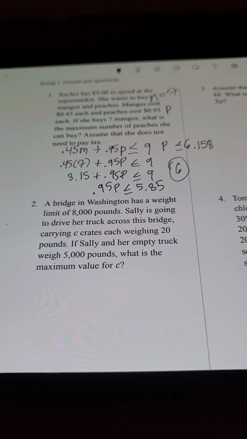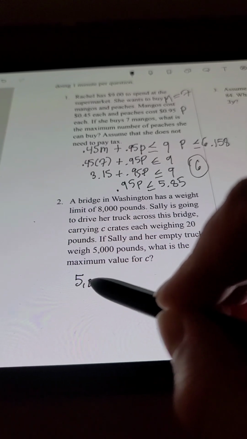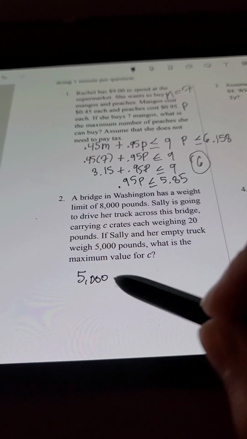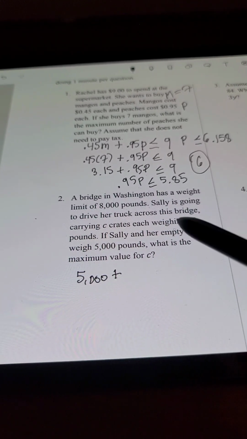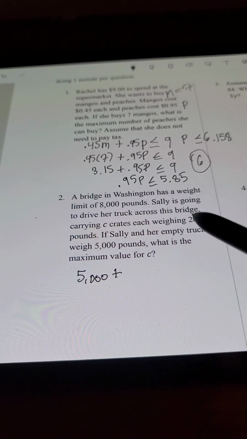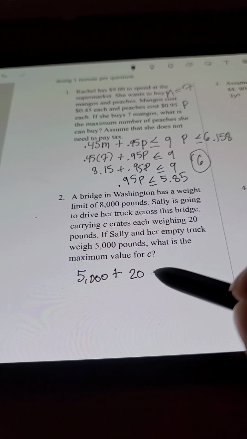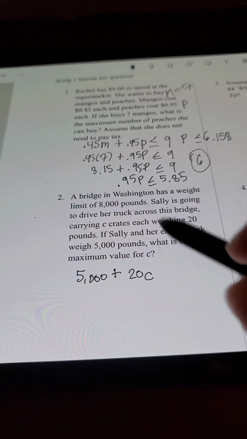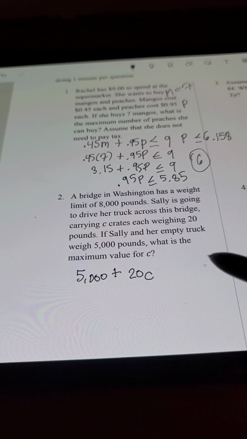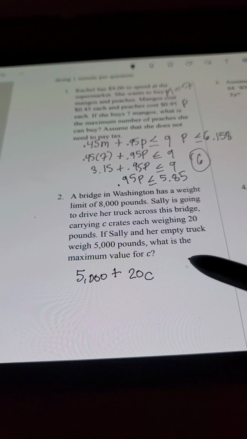So we know that Sally and her empty truck weigh 5,000 pounds, right? Then we have to add on the weight of all the crates. Each crate weighs 20 pounds. So to find the weight of all the crates, it would be 20 times the number of crates, C. And then the bridge in Washington has a weight limit of 8,000 pounds.